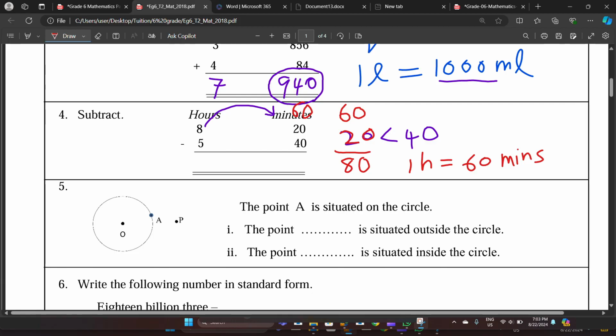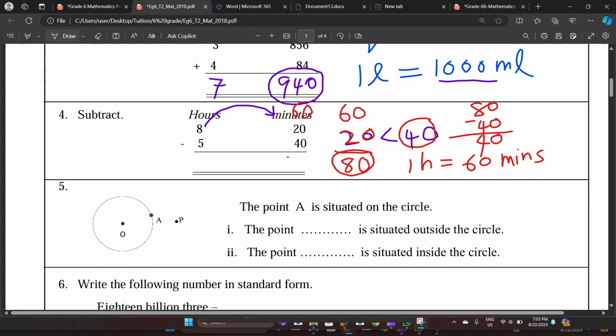Okay, now let's compare this 80 minutes and 40 minutes. Now you see we can subtract 40 from 80 easily. There is no problem. So we can subtract 40 minutes from 80 minutes. When we subtract 40 from 80, the answer is 40.